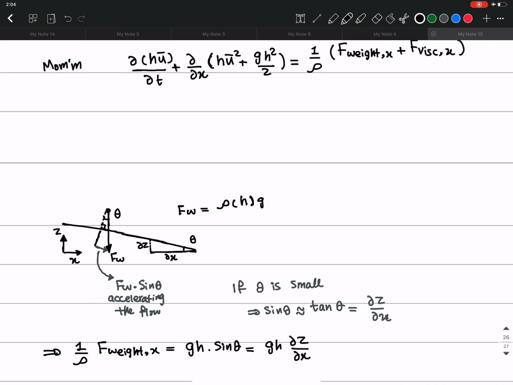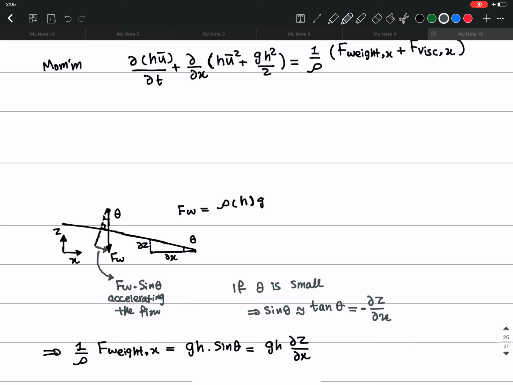And sorry, one more thing is this is minus partial z over partial x. Right? Because partial z over partial x is actually decreasing. So z is actually decreasing.